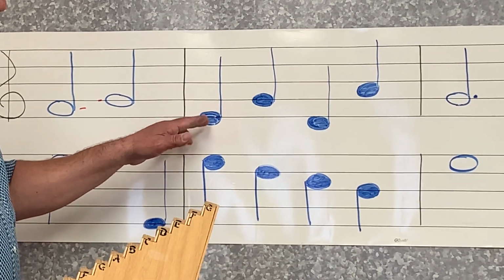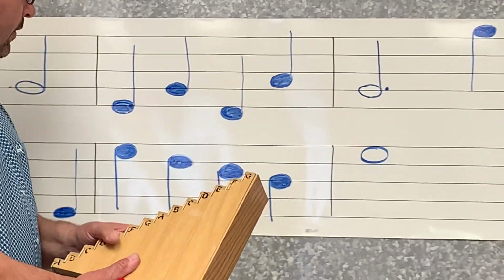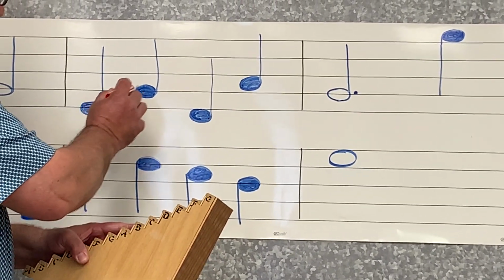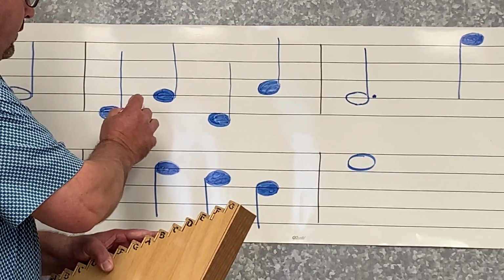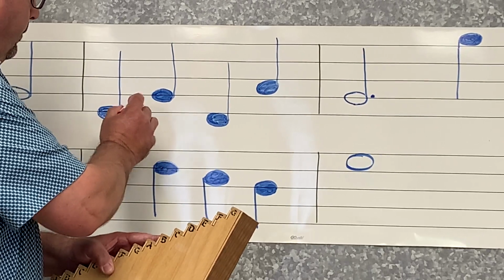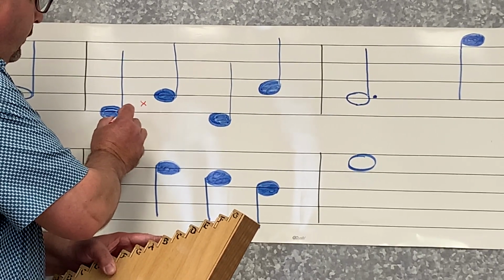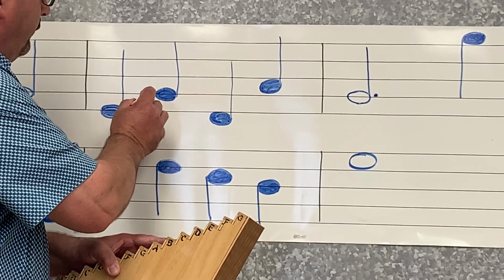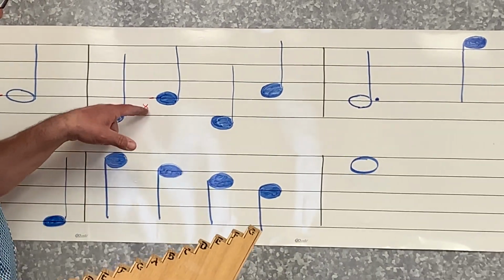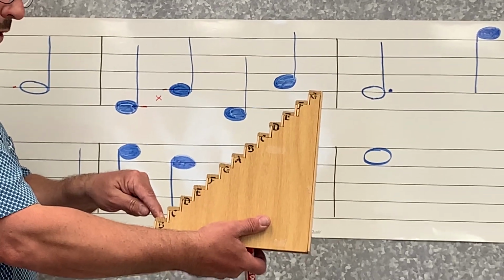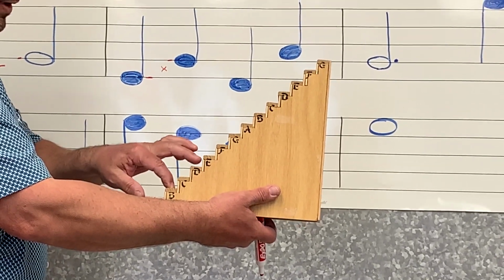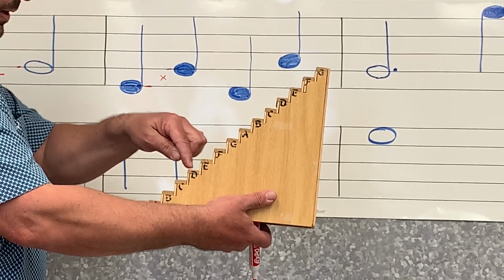As we move into our next measure, now we see that from the first note to the second note, we do not have anything in this space. The space is empty. So this line has a note, and this line has a note, but the space has nothing. So if we step from the step that we were on, we're going to skip this step, and we're going to move up to this one.